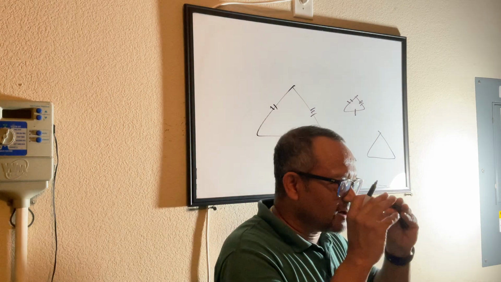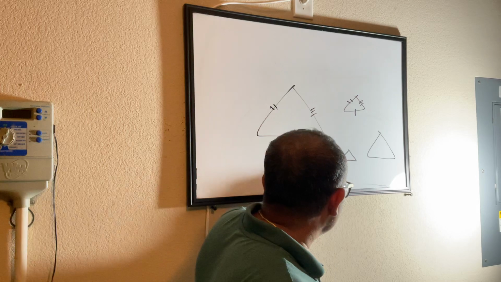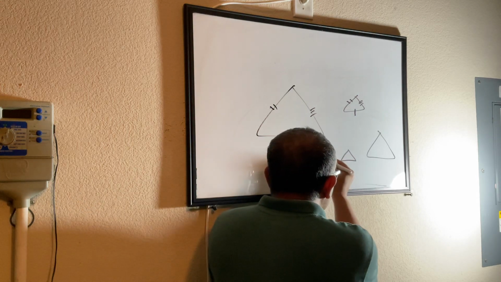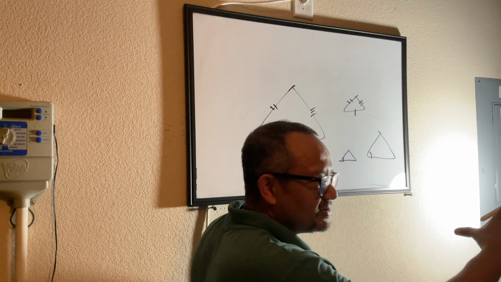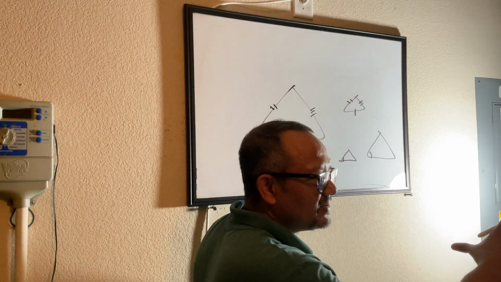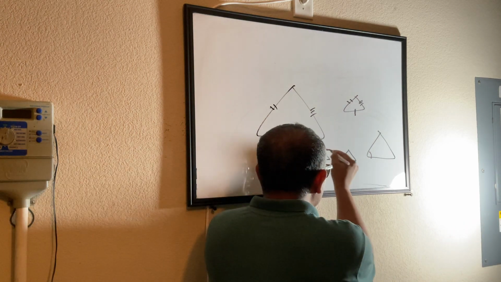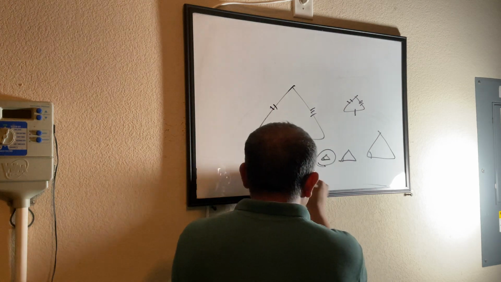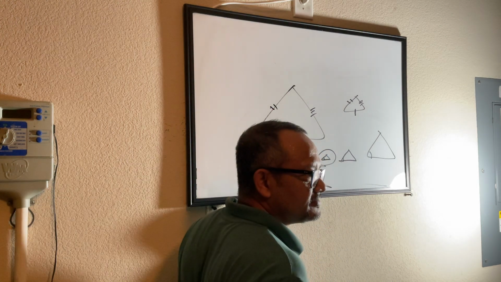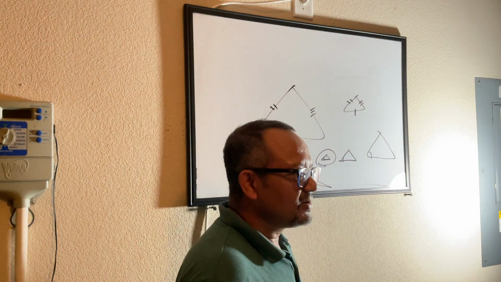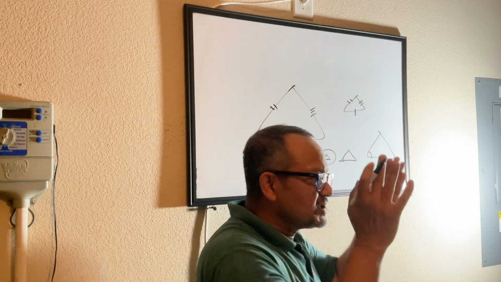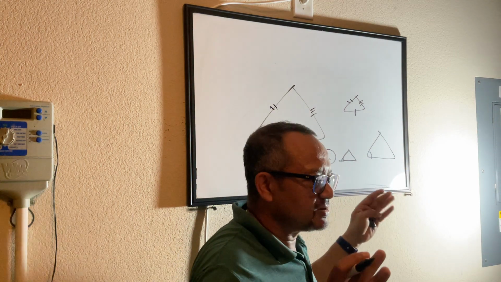When you are making things bigger or smaller, you are keeping the angle the same, but the sides are increasing. If you look at this triangle, when you zoom in, it will not become like this triangle. The shape will look similar. Only the dimensions, the sides, will keep on becoming bigger.